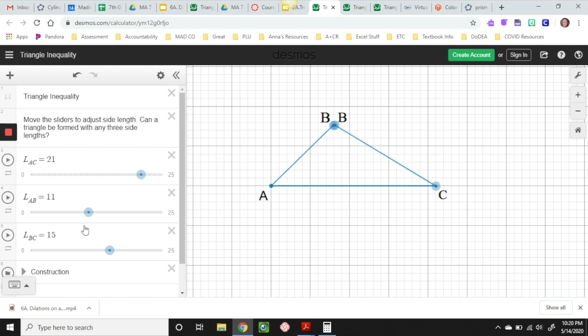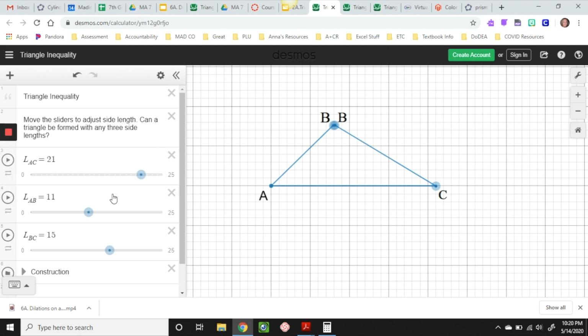The quickest way to check is to choose the two smallest, because if the two smallest add to give you a larger sum than the largest side, then all the other ones are going to work too. So when I take a look at this, I have 11 plus 15. That gives me 26, and 26 is larger than 21. So these three sides would form a triangle.